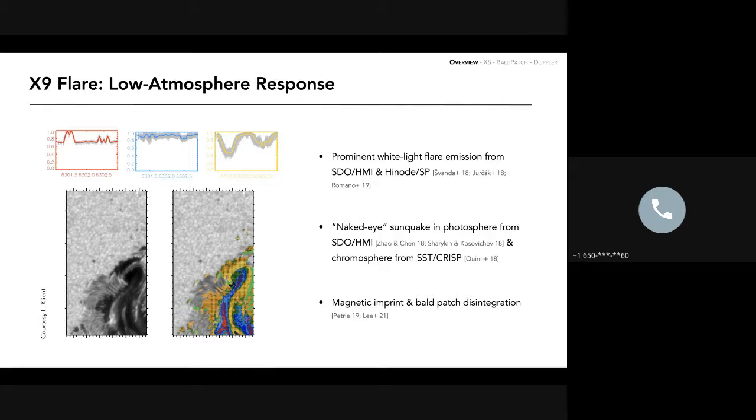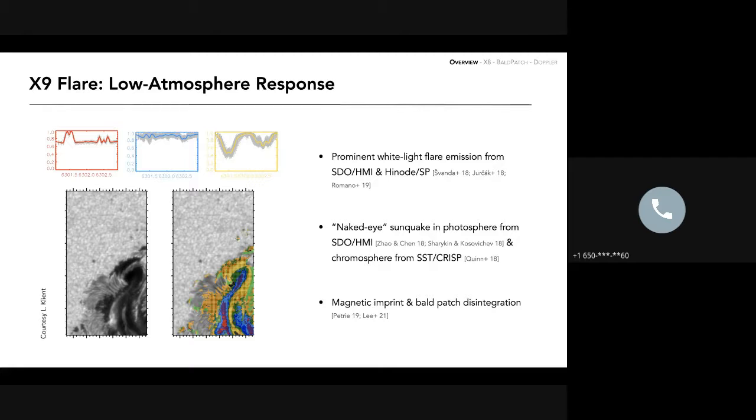Now, on the upper row, I show three characteristic or mean spectra from this clustering. The red Stokes I, as you can see, the absorption line completely went into emission. And you can also see the splitting on top of that. So that's really neat. This is a white light flare that turns the absorption into emission.